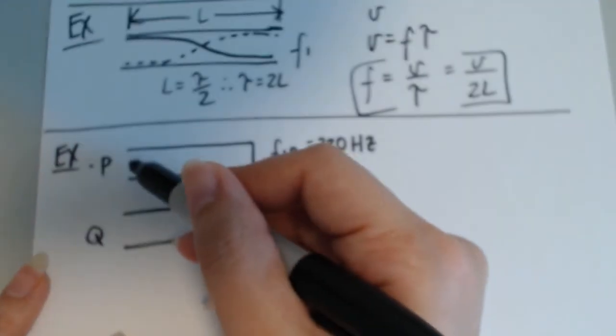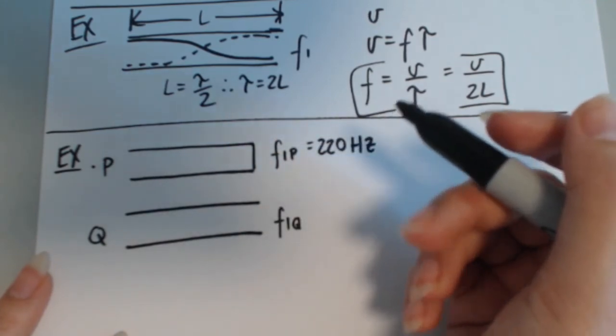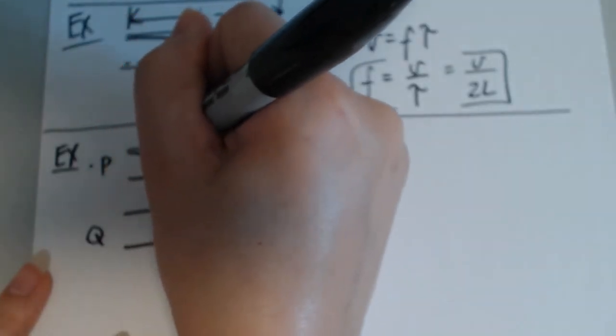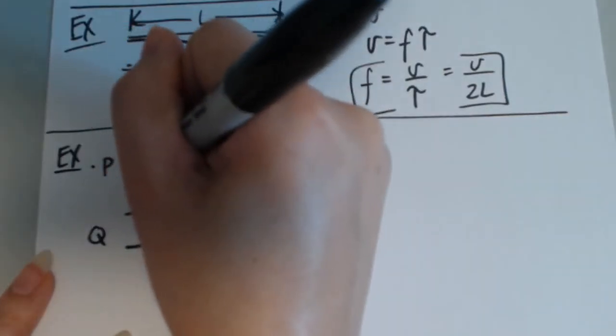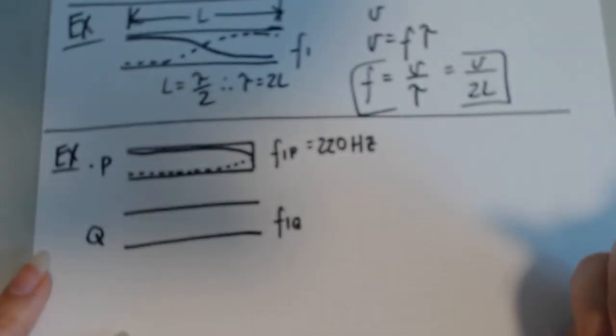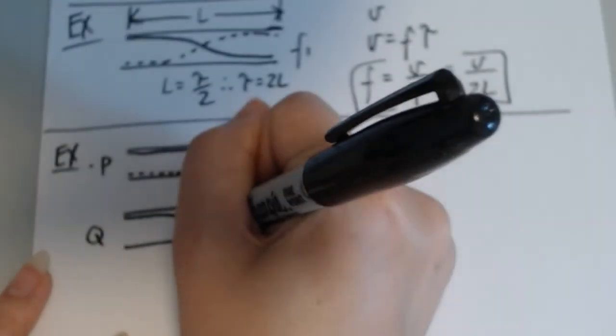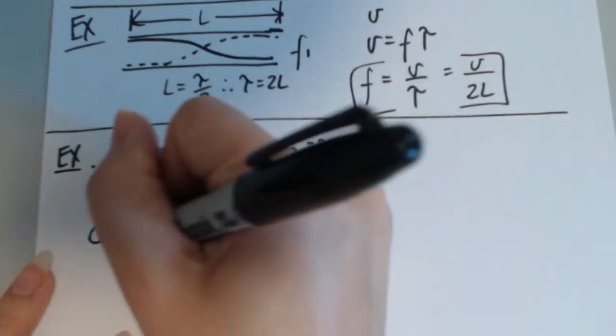Remember that whenever you have an open end, it's an antinode, and whenever you have a closed end, it's a node. Since we're looking at the simplest patterns, we're going to have something that looks like this. Okay, so that would be for P. For Q, it's open at both ends, so I need an antinode at both ends. It'll look something like this.